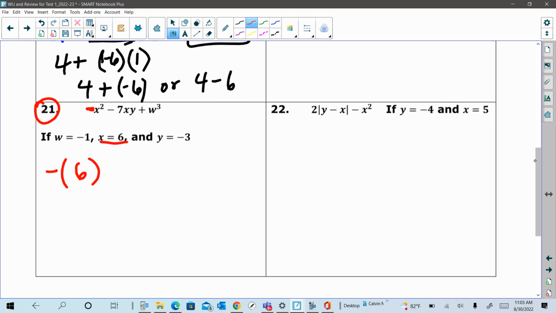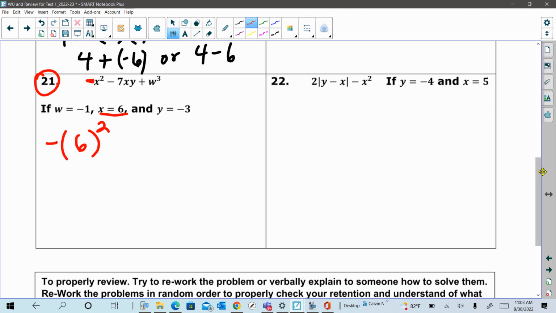So when I do this, it should be written like this. The negative sign is outside the parentheses. Inside the parentheses is the 6, the value of x, to the second power. Then minus 7 times parentheses x again, and remember your x was 6, so parentheses 6, then the y, which is now -3, so parentheses -3, because this one is negative.